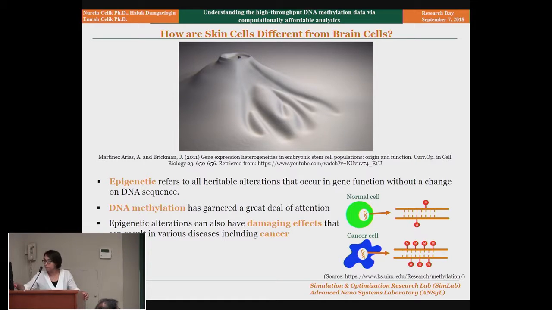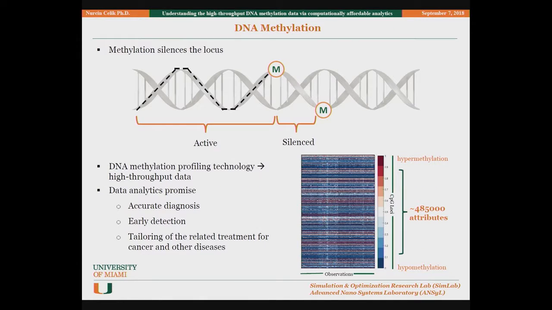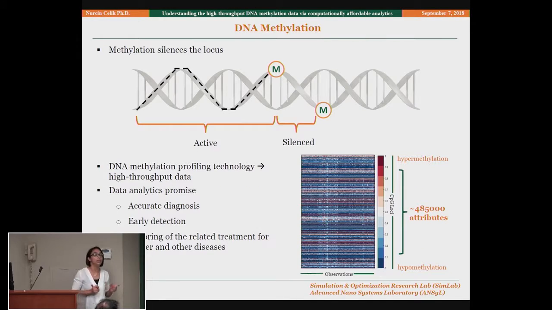As you can see on the right-hand side of the slide, normal cells usually have relatively low or normal levels of DNA methylation, whereas cancerous cells have significant levels of DNA methylation around them. We also know that some parts of the DNA are being silenced because of these methylation levels. Basically, it's inactivating part of that DNA sequence without any change in the actual DNA sequence. So the environmental impact is associated with the function of this DNA.